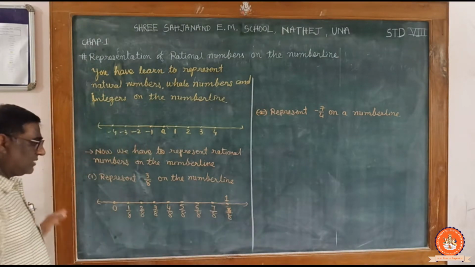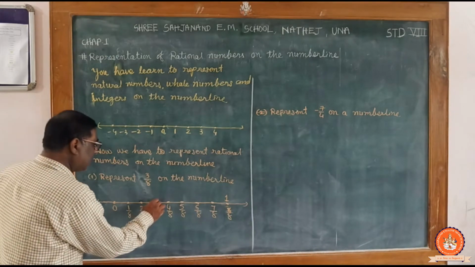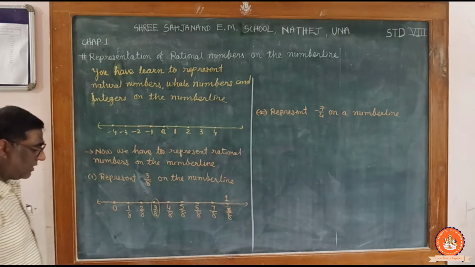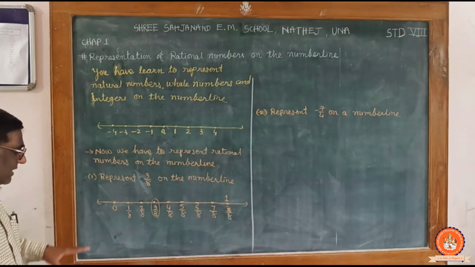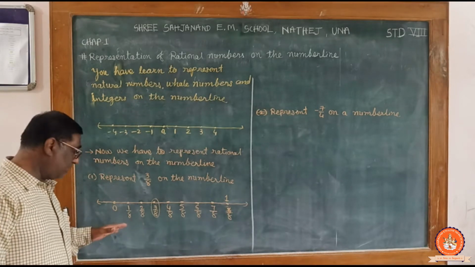Okay. Now look at it. Our number 3 by 8 is here. Okay. Our number 3 by 8 is here.